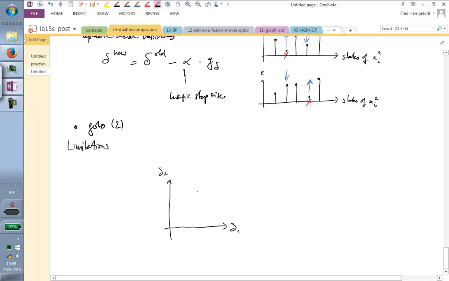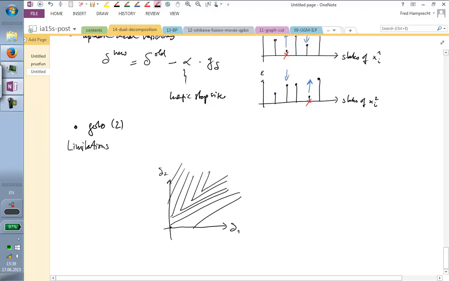Let's say I optimize one variable after the other.